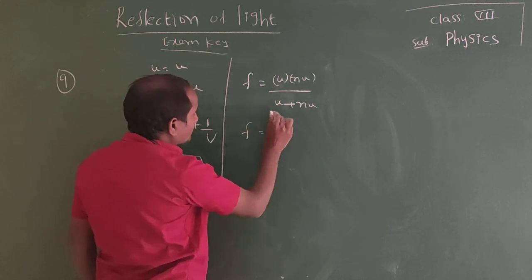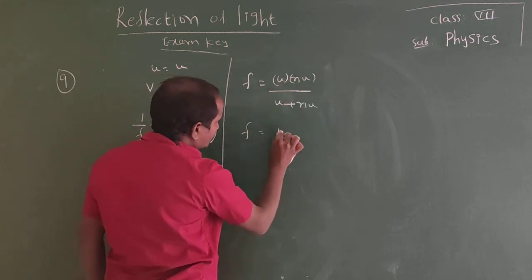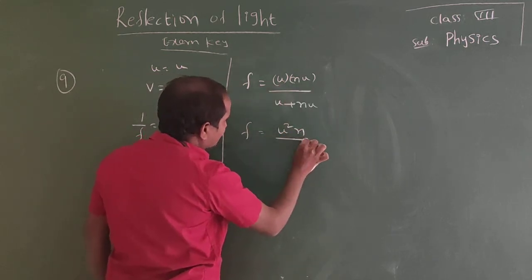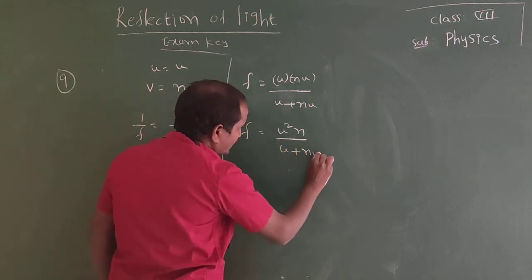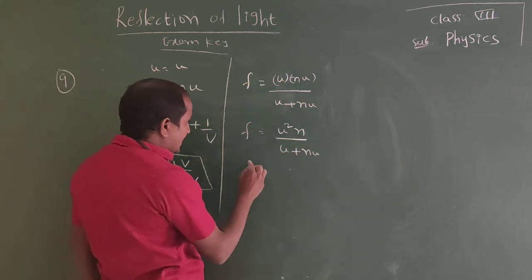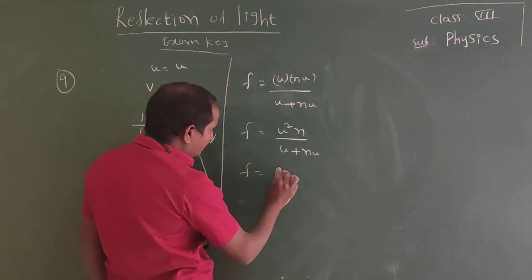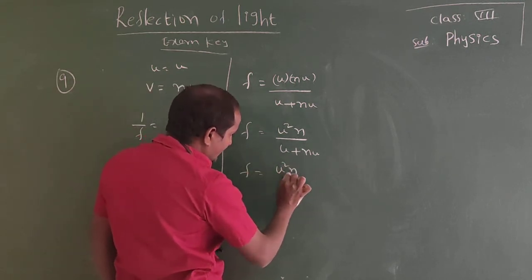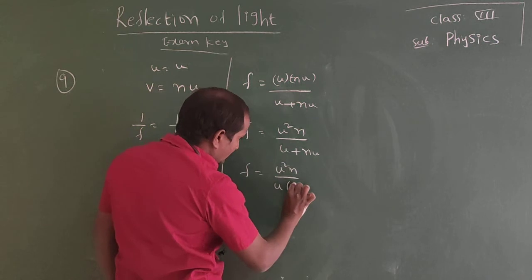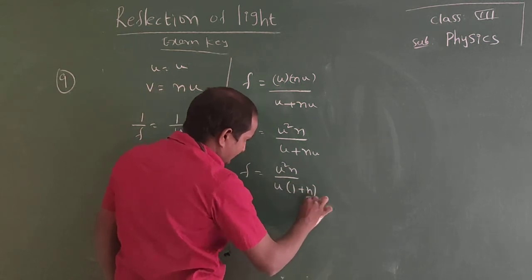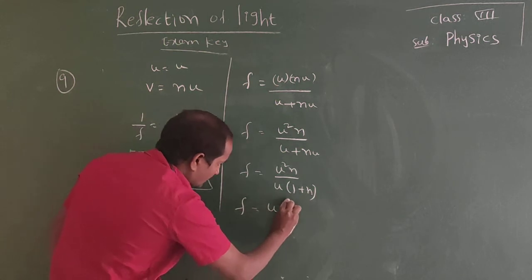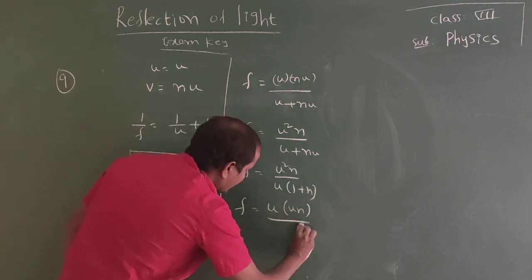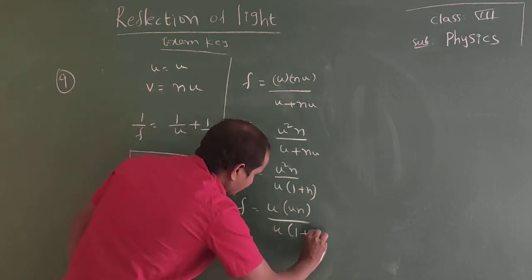Therefore f equal to n u square by u plus nu. We can take u common, so f equal to n u square by u into 1 plus n.